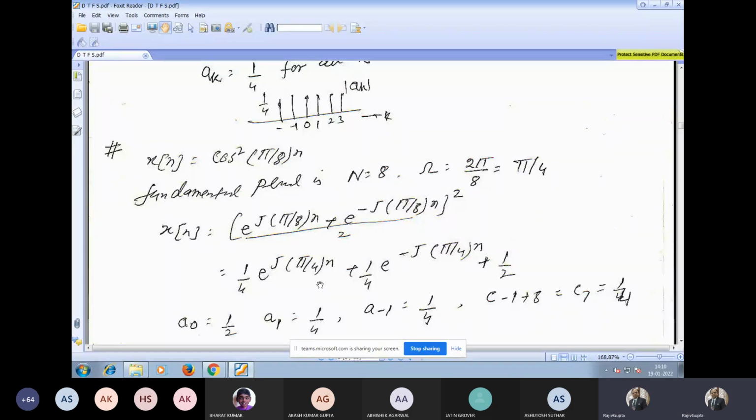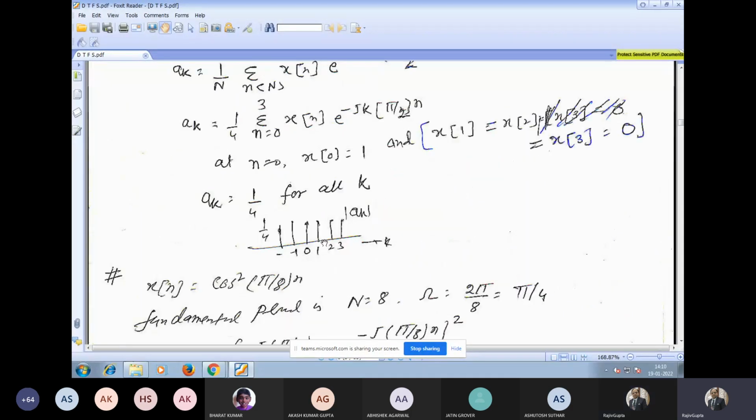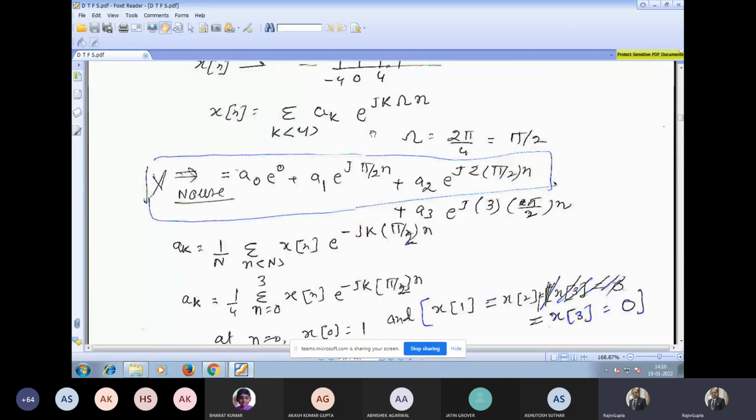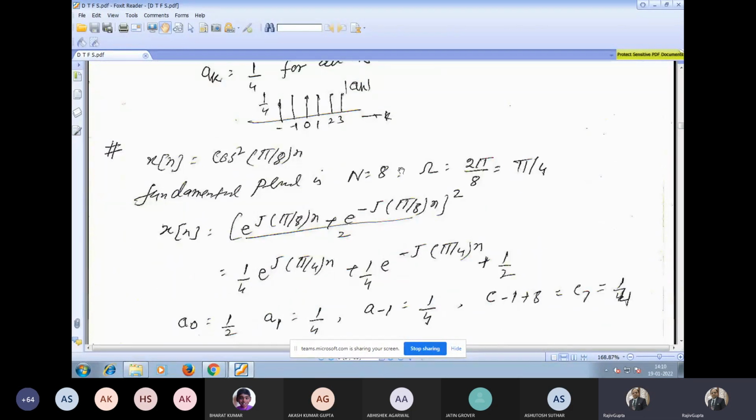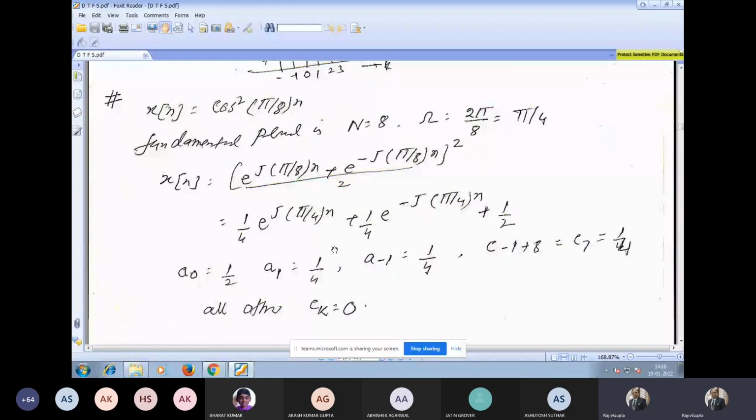And since we already know, you can compare this equation with the original equation, which is a_k e to the power j k omega n. When you compare this, knowing that capital N is 8 and your omega becomes 2 pi by 8, that is pi by 4, you will have a naught is 1 by 2, a1 is 1 by 4, a minus 1 is 1 by 4 and so on.